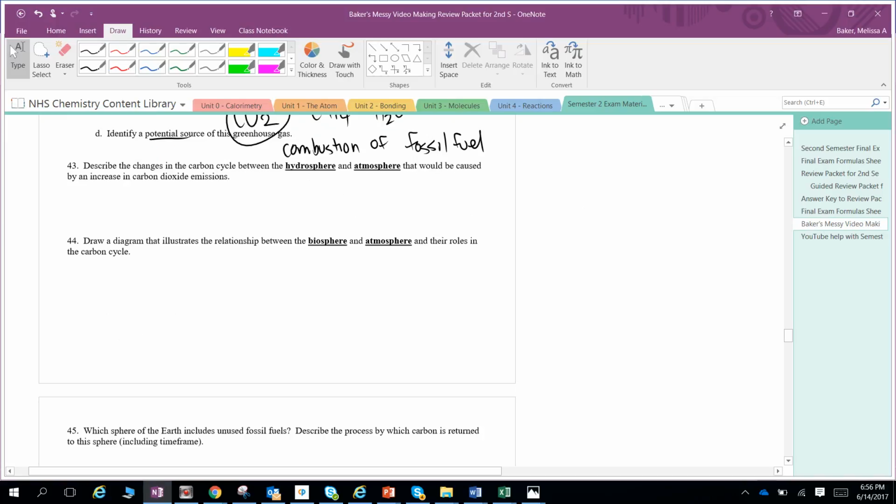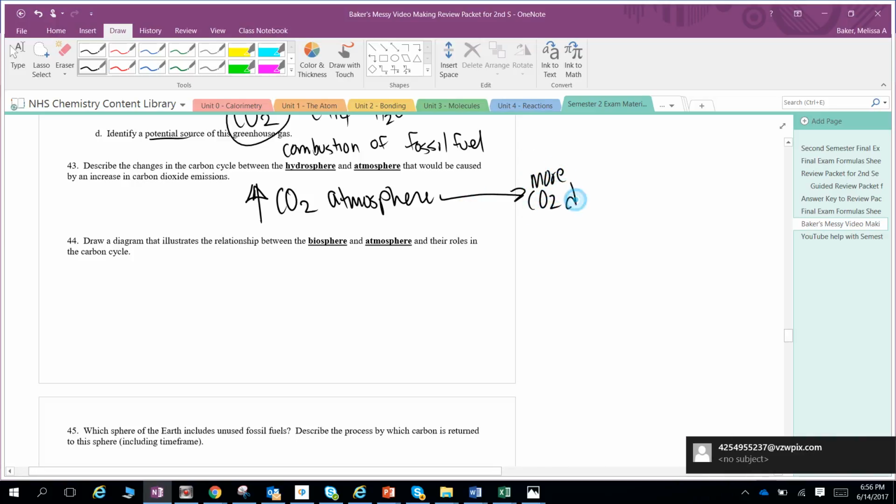43 asks you to describe the change in the carbon cycle between the hydrosphere and the atmosphere that would be caused by an increase in CO2 emissions. Well, if there is an increase in CO2 in the atmosphere, more CO2 is dissolved in the ocean, the hydrosphere.